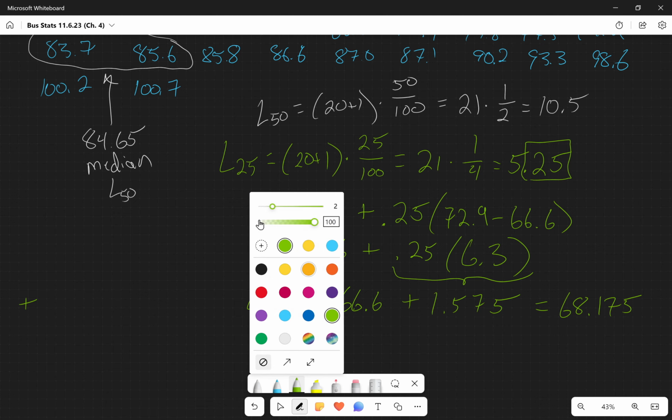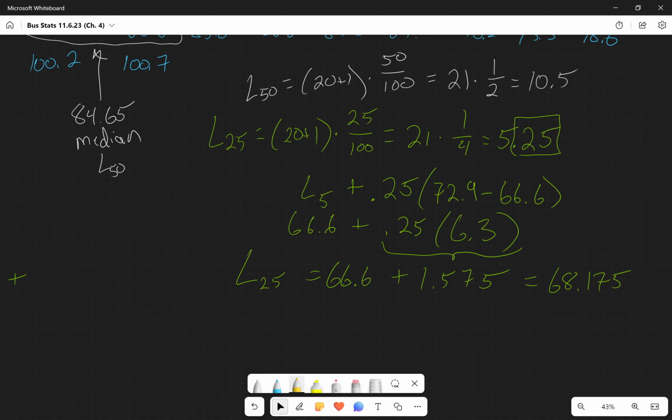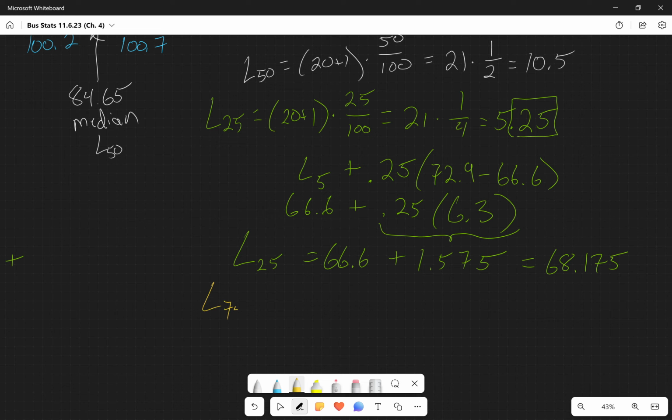All right, let's do our upper quartile. L75 is equal to 20 plus 1 times 75 over 100. So this is equal to 21 times 3/4. So 0.75 times 21. This is going to be 15.75.